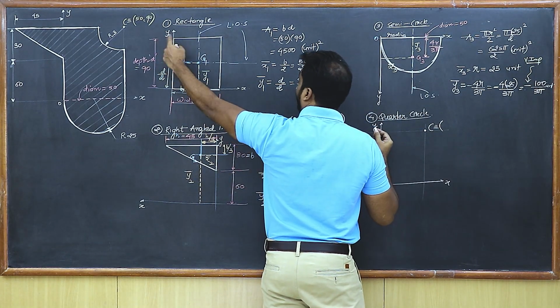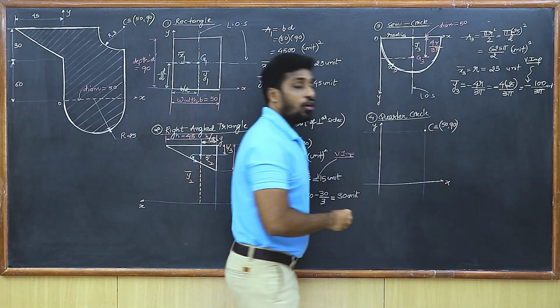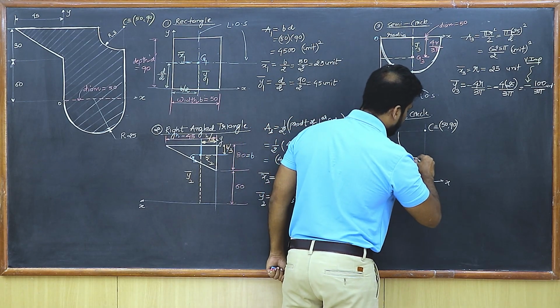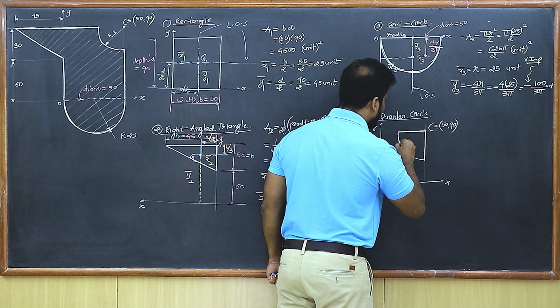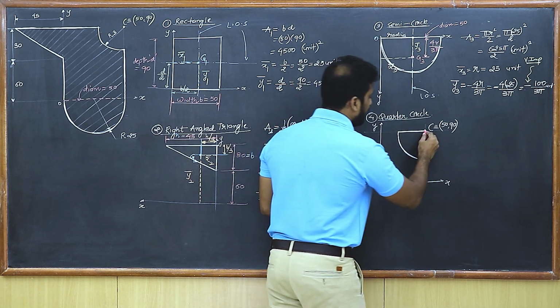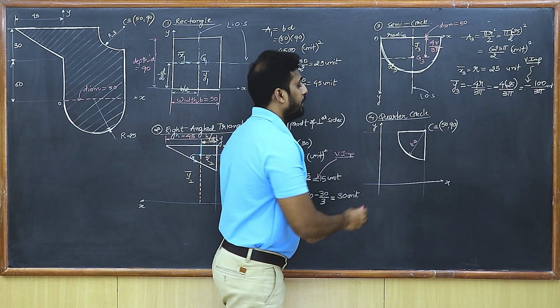Its coordinates were 50 and 90, isn't it? 50, 90 were the coordinates of the center. So let's draw the quarter circle whose radius is how much? This is the quarter circle and its radius is 3. The radius of this quarter circle is given to us as 3. So let's locate the radius. Let's write the radius. That's 3, isn't it?